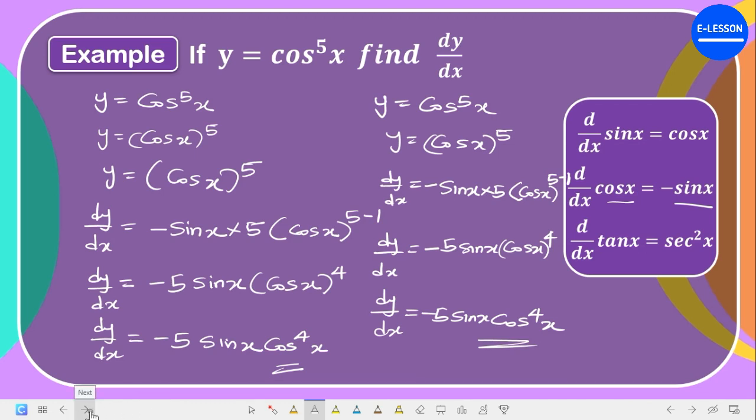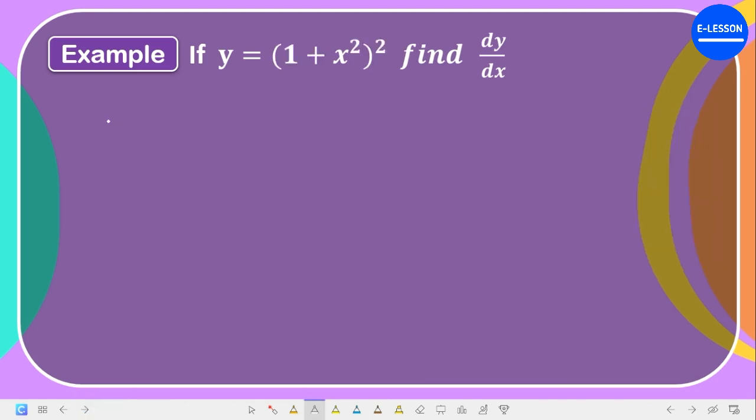Let's take another question. Now this one says if you have y equal to (1 plus x²)². Now can you try this? One of the ways to do this is to use the shortcut method. Since the exam is subjective, we will always be taking the shortcut method. Our dy/dx would be equal to, the shortcut says differentiate everything in the bracket first.